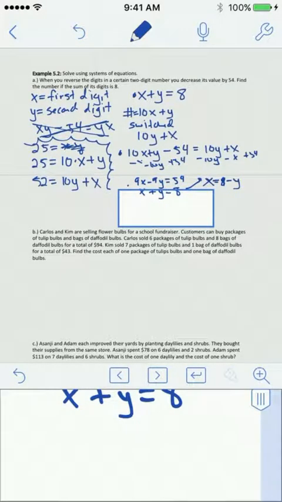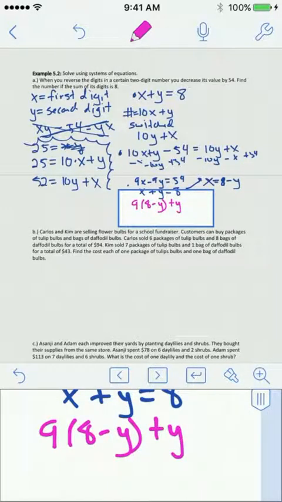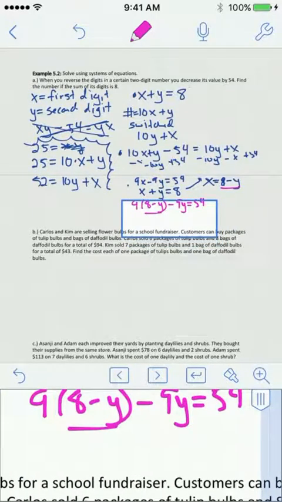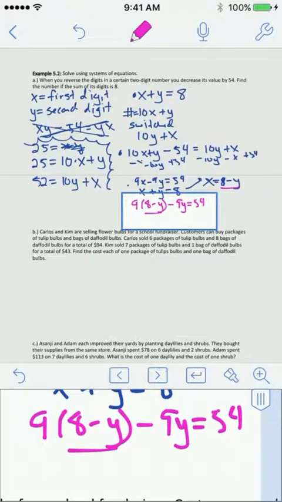So now we've got 9 times 8 minus y, plus minus 9y, pardon me. Minus 9y is equal to 54. So I've substituted this part into the x value. Alrighty.